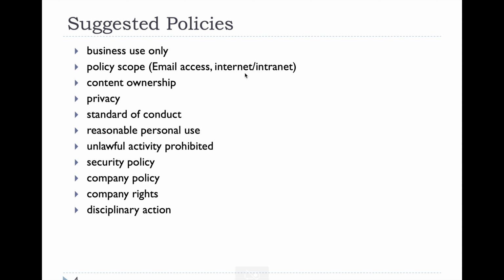And in terms of internet and intranet use, what is the scope? Are you allowed access to the internet at all, or is it just intranet access? And if you do have access to the internet, to which level do you have access? Another suggested policy, especially in the digital age, is content ownership.